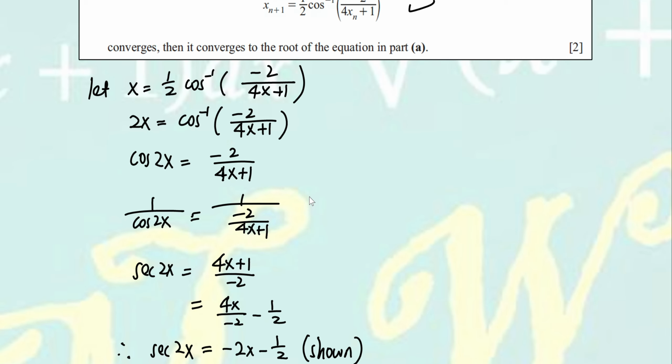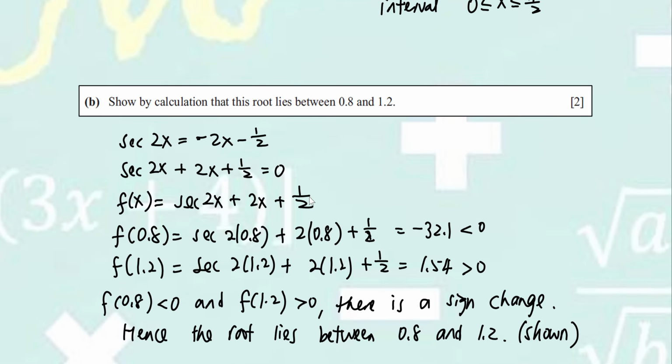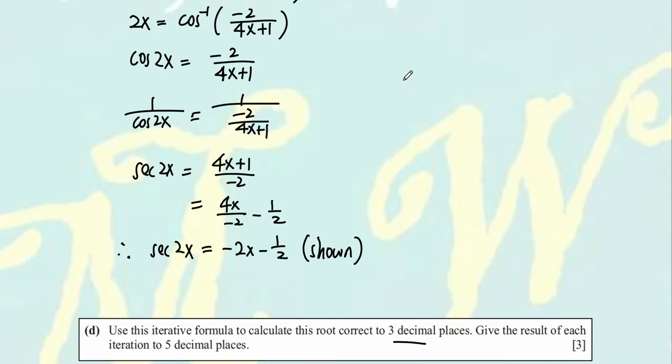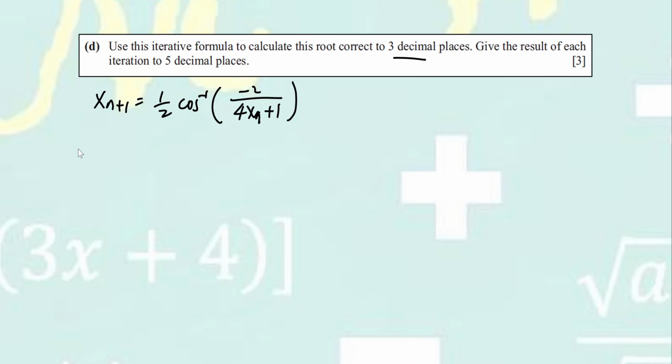And now for the initial x, you can just refer to part B. Since the root lies between 0.8 and 1.2, you can choose any value in between or just take these two endpoints. I'm going to take the midpoint, which is 0.8 plus 1.2 divided by 2. That is 1. So now calculate with 1.